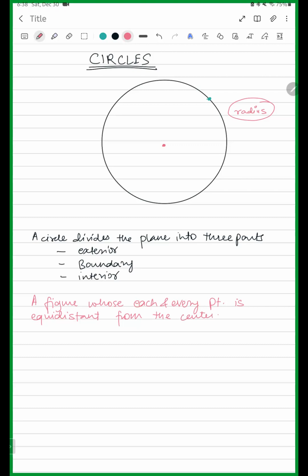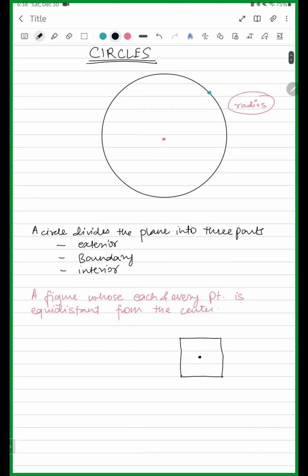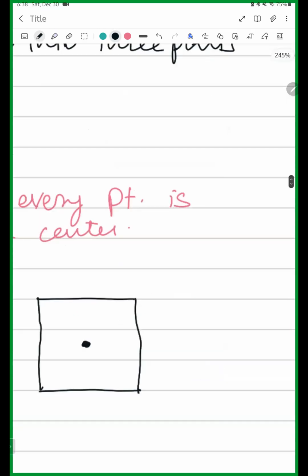Why this particular property is special is, if you take, for example, a square, and you take the center of the square and start measuring the distance of each point.